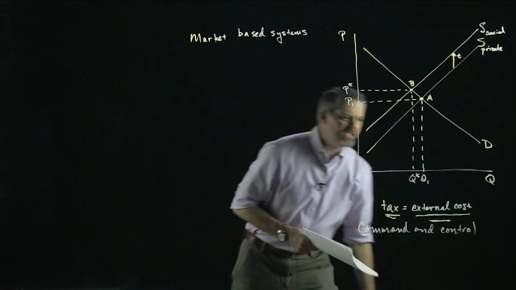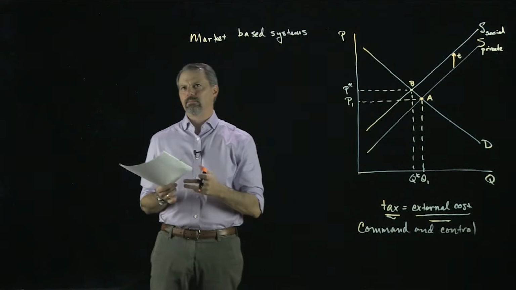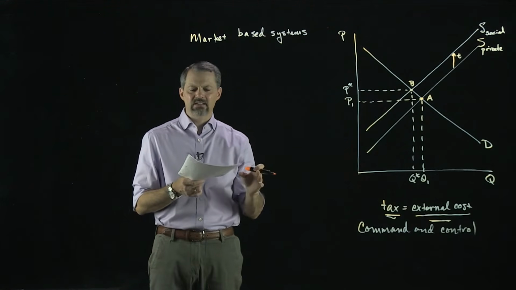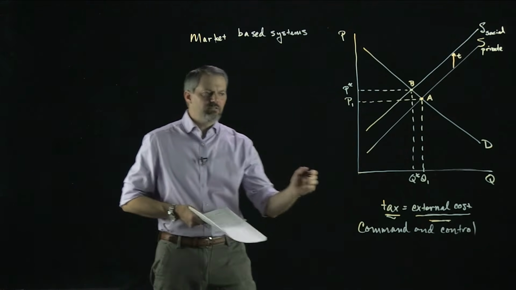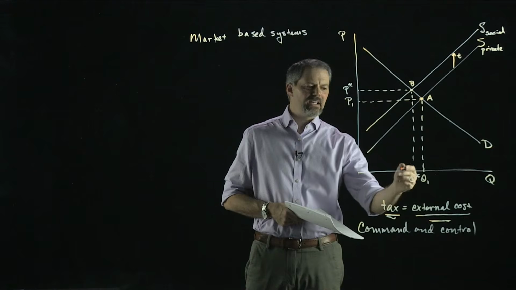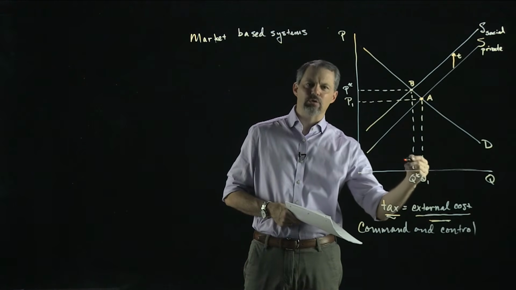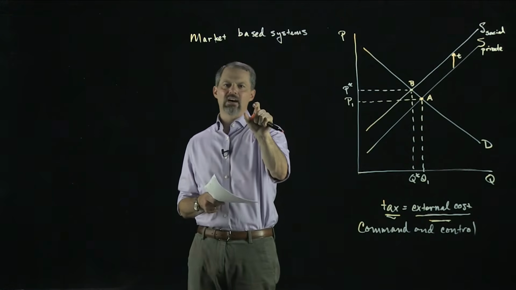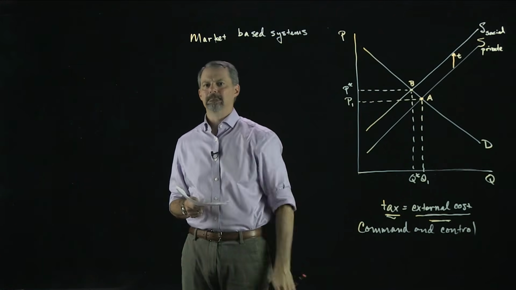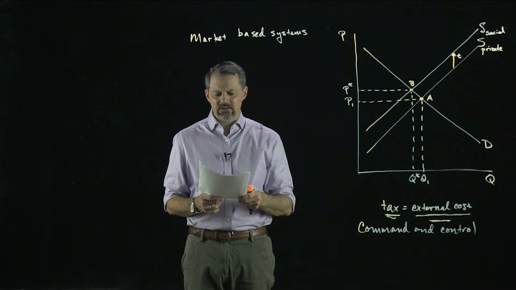And that simply means that the government, instead of using a tax, can just set a quantity. Instead of using a tax to try to influence the amount of the good that creates the pollution, the government could just say, you know what, here's the amount of pollution that you can create. It's referred to as command and control.